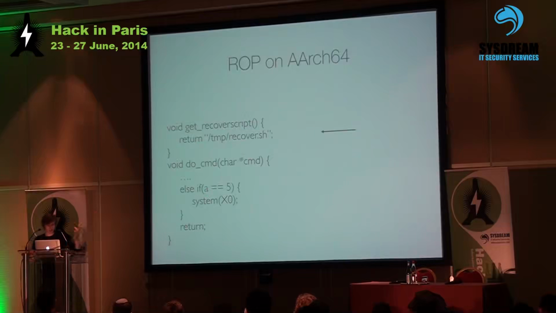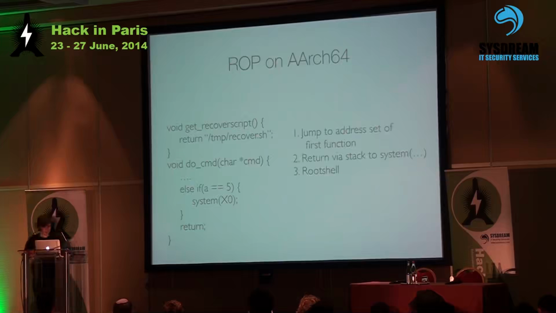And then we want to jump to the system call, because then we can immediately execute the shell script listed above, because nicely the get recovery script function configured register 0 for us with a path that we can even execute. So we want to jump to the address of the first instruction.